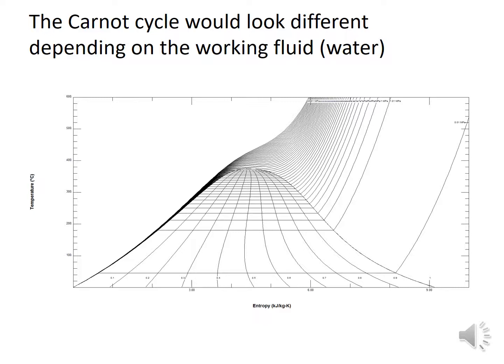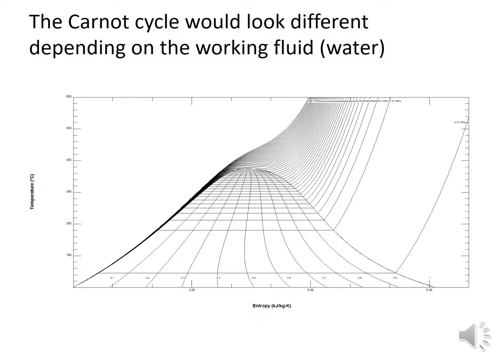Now if we want to put this in a diagram for water, we see here a property diagram for just water, with temperature on the y-axis and entropy on the s-axis. If you remember, we wanted to have isothermal heat addition and isothermal heat rejection.